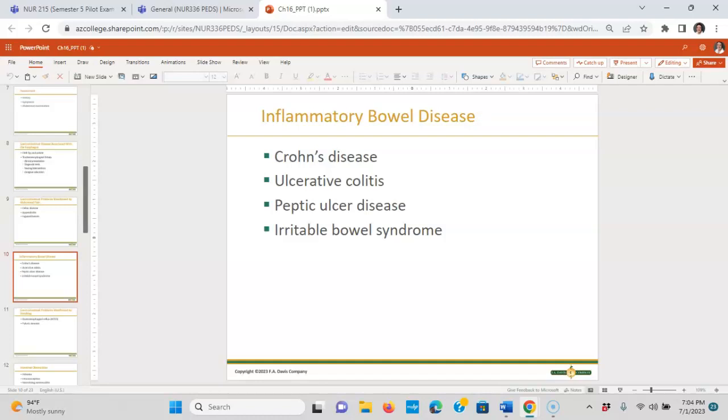Peptic ulcer disease are open sores in the inside lining of the stomach and upper portion of the small intestine. The most common symptom is stomach pain. Peptic ulcers are basically two different types, gastric or duodenal. Gastric occurs on the inside of the stomach, and duodenal occurs in the upper portion of the small intestine.